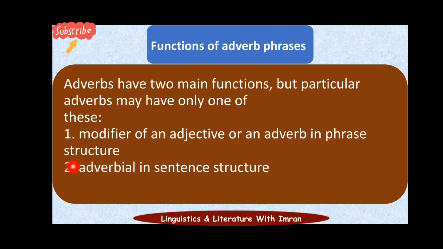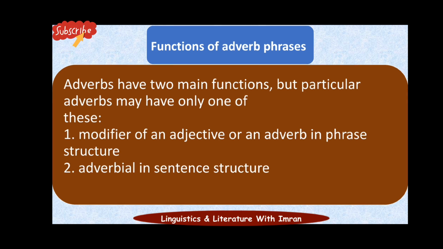It is used as a modifier of an adjective or an adverb in a phrase structure. The second is adverbial in a sentence structure. So one of them would be used as the function here, right? There are two functions, okay? But a particular adverb may have only one function, not both of them.